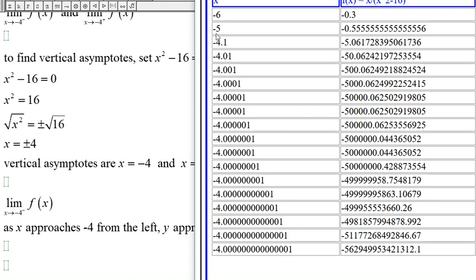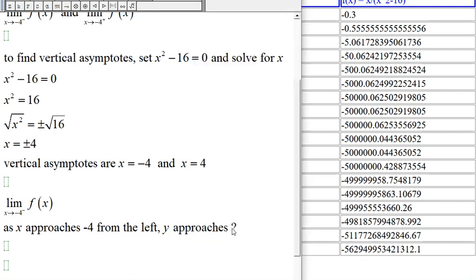So these numbers here, they are to the left of negative 4. They are very, very close to negative 4, but to the left of negative 4. And the corresponding y values just get larger and larger in the negative direction. And so we can see that as x gets closer and closer to negative 4 from the left, y approaches negative infinity.